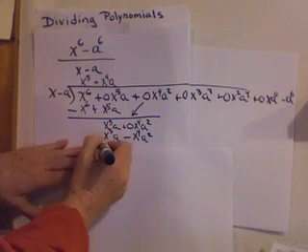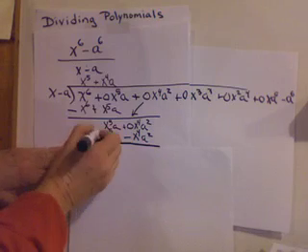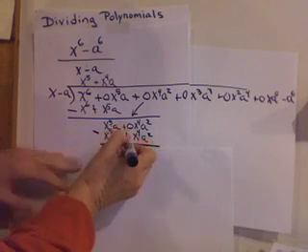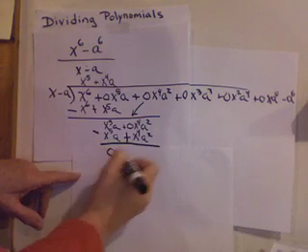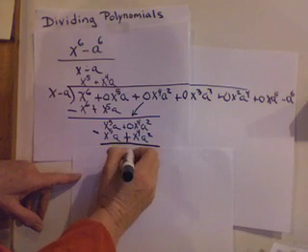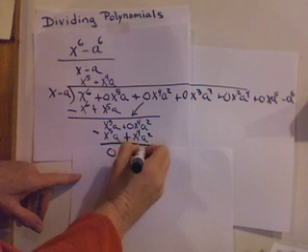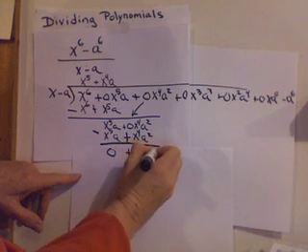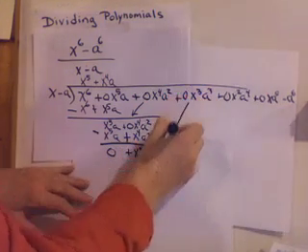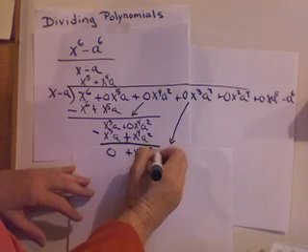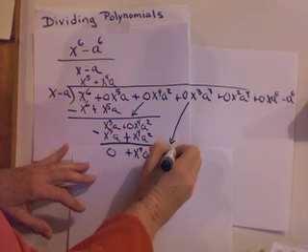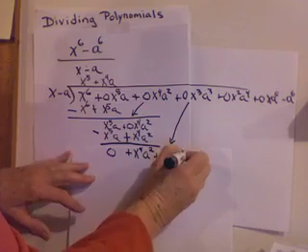All right, draw the line, subtract, which is change the signs, 0. And here I get plus x to the 4th a squared. Bring down the next term, which is 0 x to the 3rd a to the 3rd.